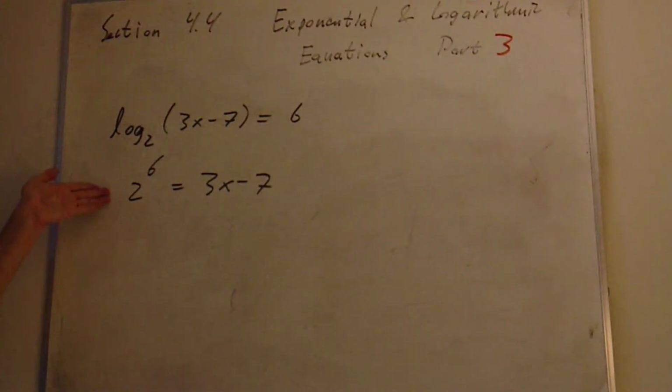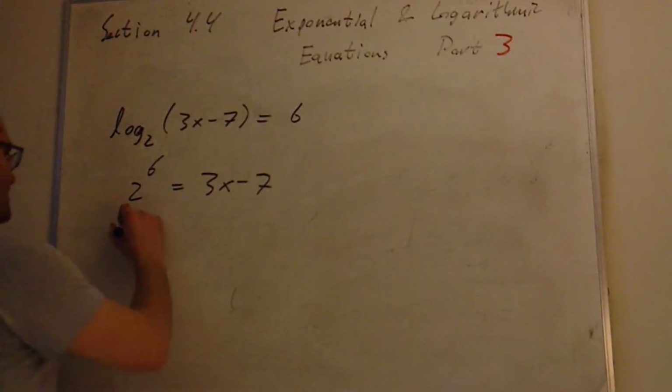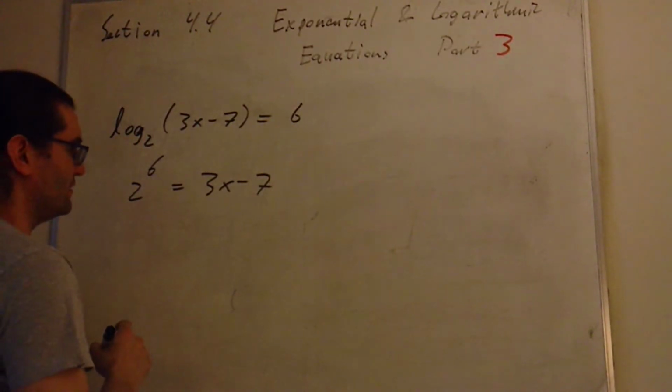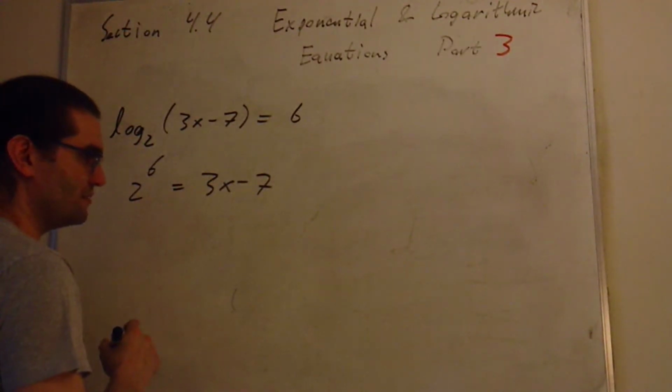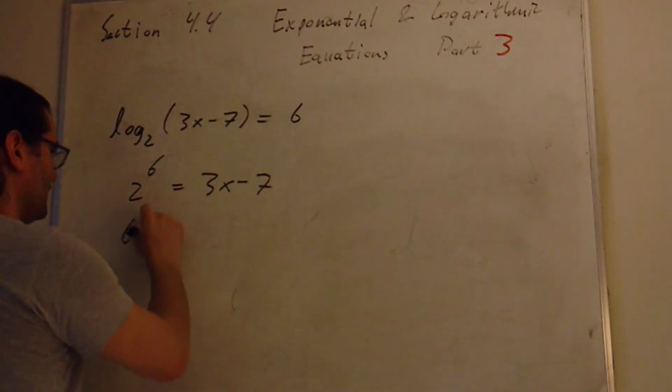Bam. There's our linear equation. Step 1. So you just got to figure out what 2 to the 6th is. I almost said 32, but I don't think that's right. I think it's 64. Yeah.